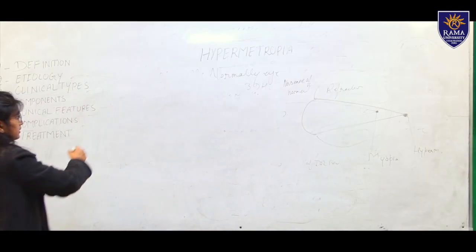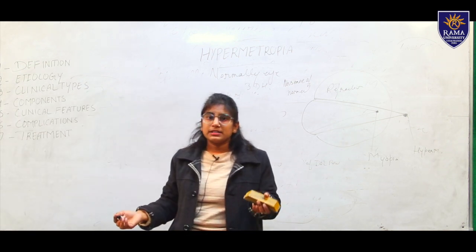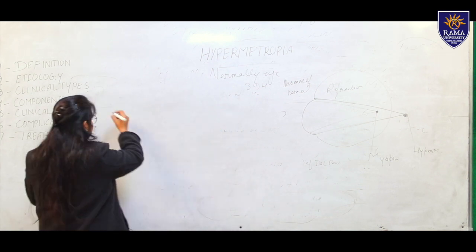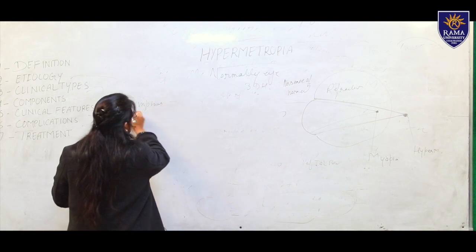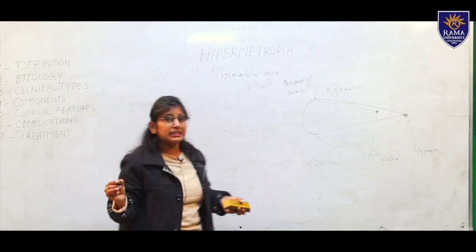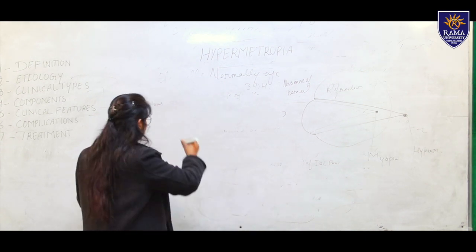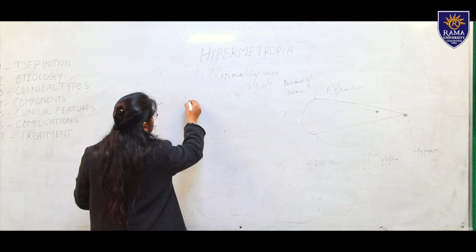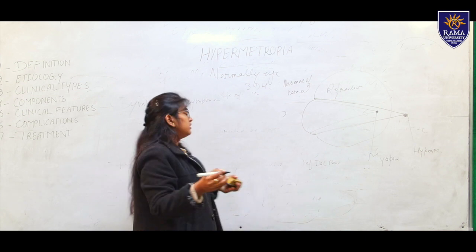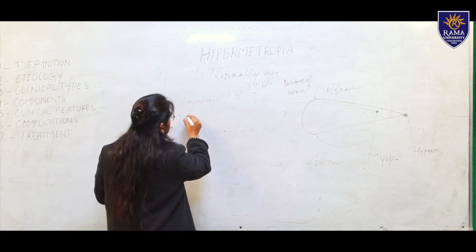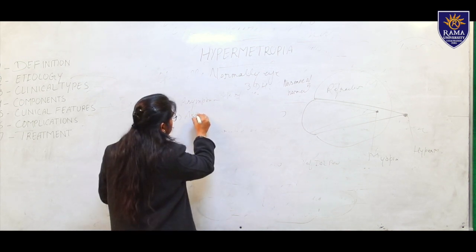Now clinical features. Clinical features include symptoms and signs. What are the symptoms and signs of hypermetropia? Symptoms basically depend on age of the patient and degree of refractive power. First, the patient may be asymptomatic, and second, symptoms vary with the degree of power.